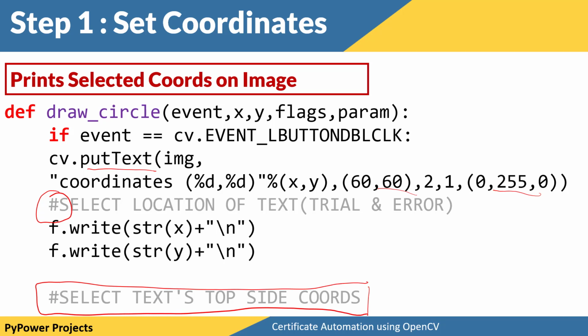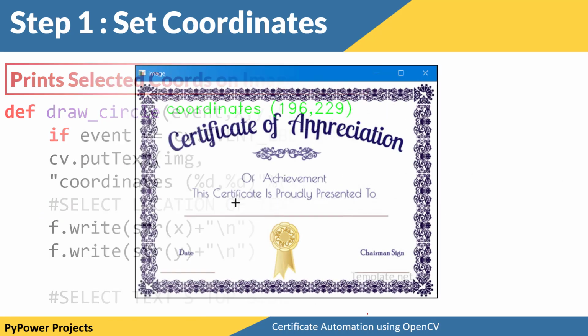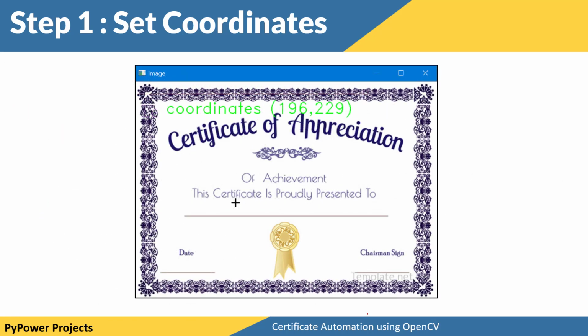You have to double click on the top corner of your font where you have to write, not on the bottom. Let's see. Okay, so if I double click here at this position, then the coordinates will be printed, 196, 229, and text will start from here. For example, if it wants to write Rushi Patel, then it will start from this coordinate and it will write like this.